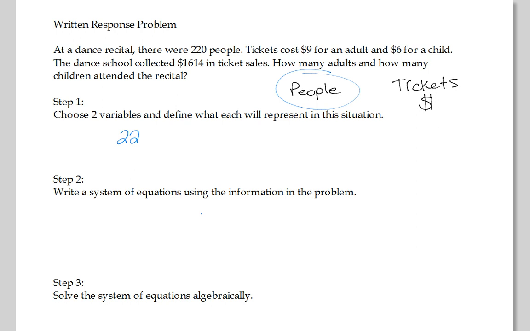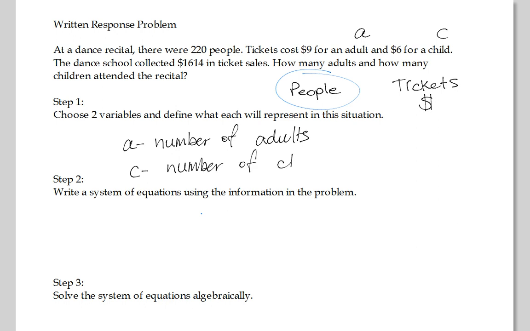Let's fill in the two variables that we're going to use. What should we use for adult? A. What should we use for child? C. Good. So A is the number of adults, C is the number of children.